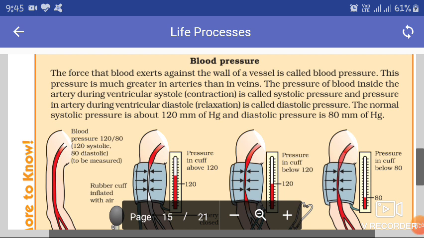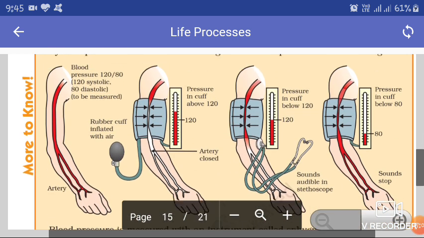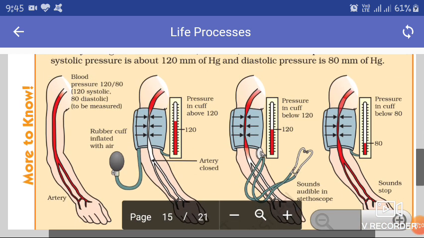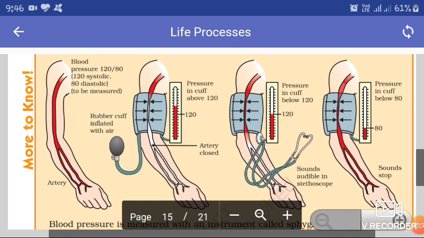See in the diagram. In the first diagram, blood pressure 120/80, 120 systolic and 80 diastolic, is to be measured. The instrument is a sphygmomanometer. When the pressure in the cuff is above 120, the artery closes, as the rubber cuff is inflated with air.